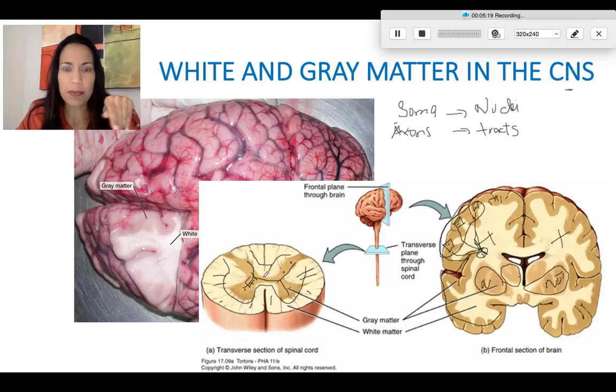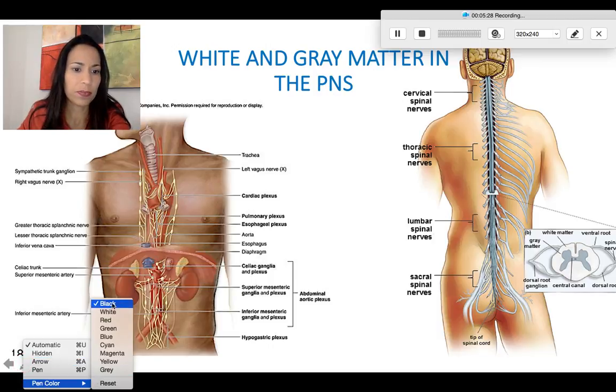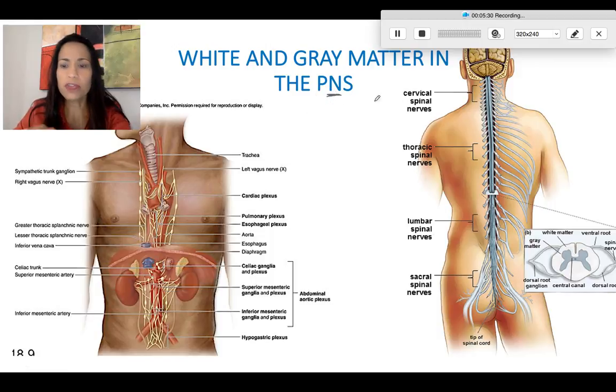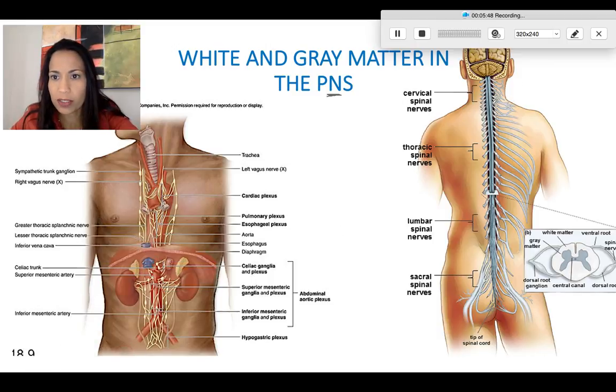The same thing happens in the spinal cord. Now, let's look at what happens in the peripheral nervous system. Remember, it's all the nervous tissue there is outside the brain and the spinal cord. In here it is very little, but I'm going to make it bigger with another color, magenta, so we can see.